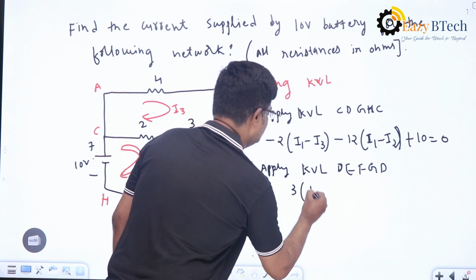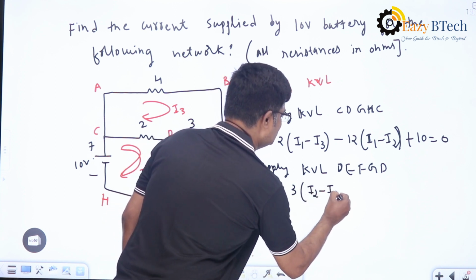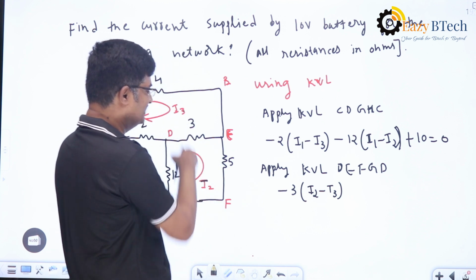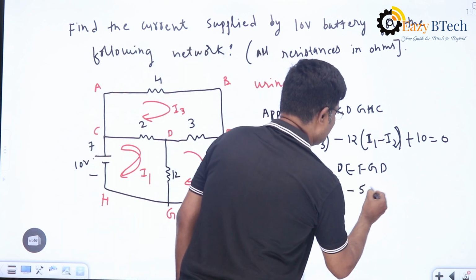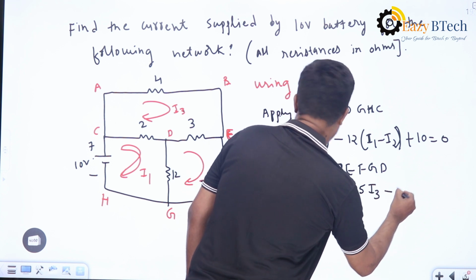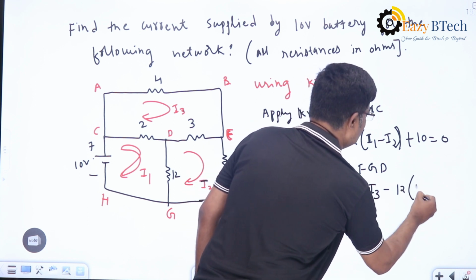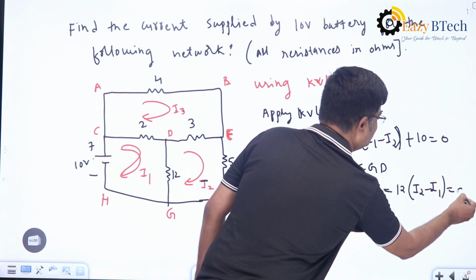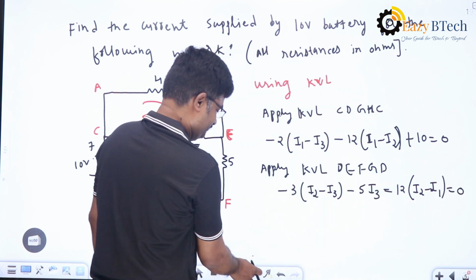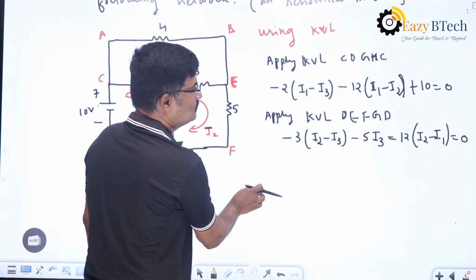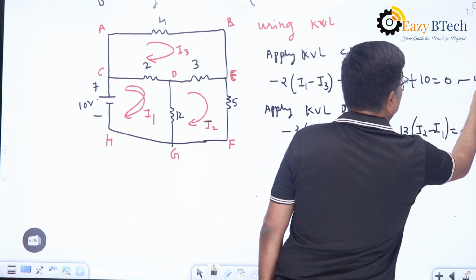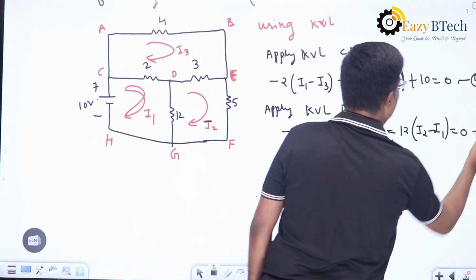Minus 3 into (I2 minus I3), minus 5 into I3, minus 12 into (I2 minus I1) is equal to 0. So this is my first equation. This is my second equation.